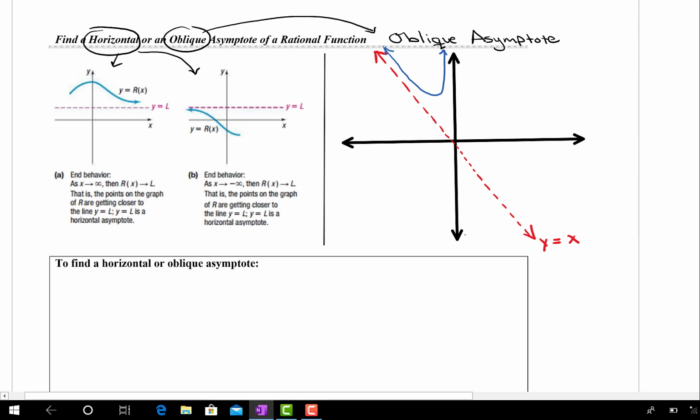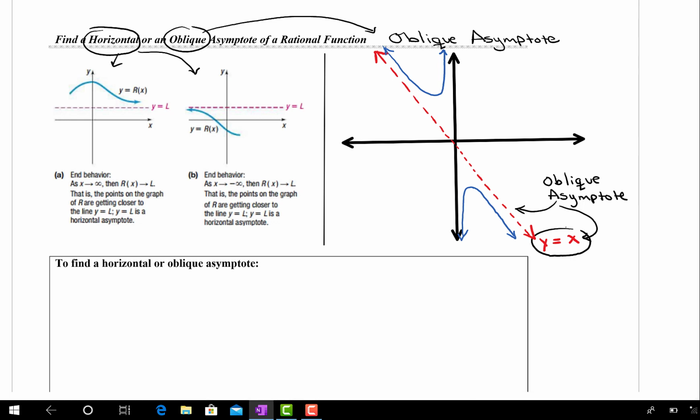I'm also going to draw an example of a rational function that would use this to help guide us in graphing it. And y is basically going to approach this line, y equal to x, as it goes to infinity. As x goes to infinity, y will approach basically x.